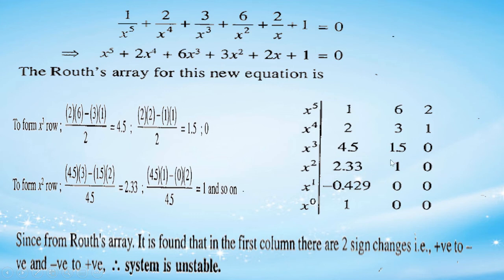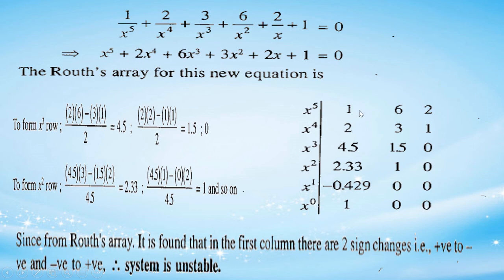Next is 2.33 into 0 minus 0 into 4.5 by 2.33, which is 0. We don't have a fourth column, so it is 0. For x to the power of 0, it is minus 0.429 into 1 minus 0 divided by minus 0.429, which is 1. The other elements are 0 and 0.